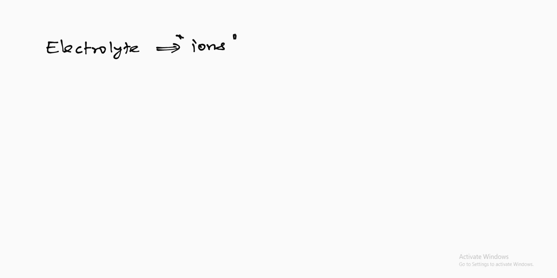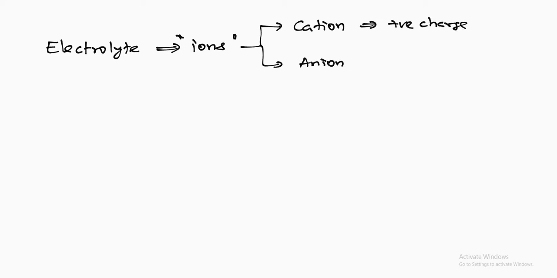In ions, we have two types of ions: cation and anion. What is cation? Ion carrying positive charge. What is anion? Ions carrying negative charge.